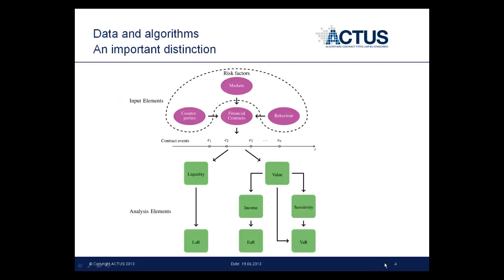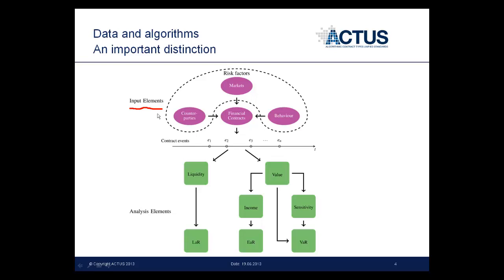I start with a very short repetition of what has been said in chapter 1 and 2 of UFA. On the upper pink area, we see the input elements here, which obviously go into the system.